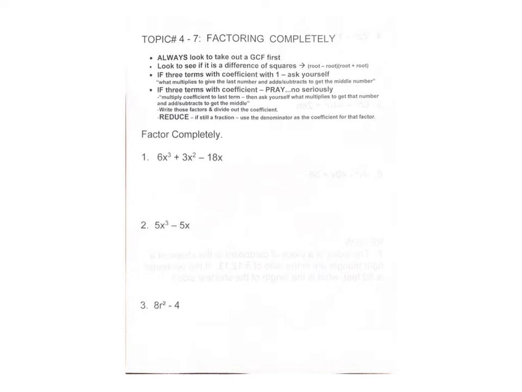So the first thing is to make sure that if you can factor anything out, you factor anything out. So if we look at this first one, we know we can factor out a 3, and we know we can factor out an x. So we need to factor that out. So we're going to bring out a 3 and an x.